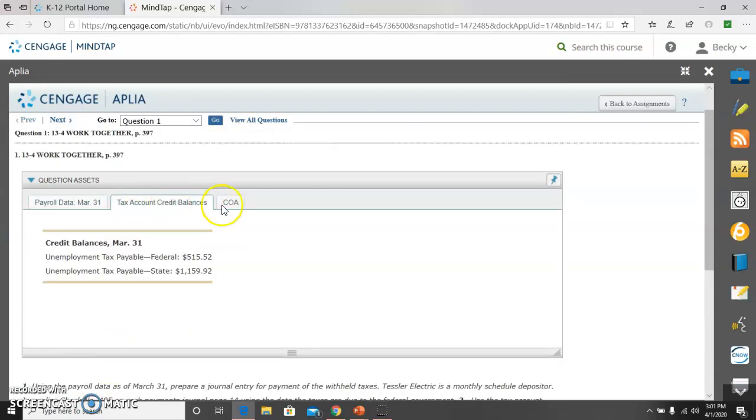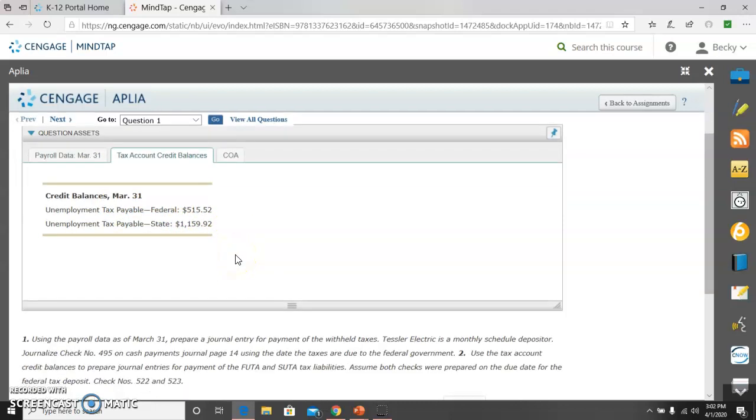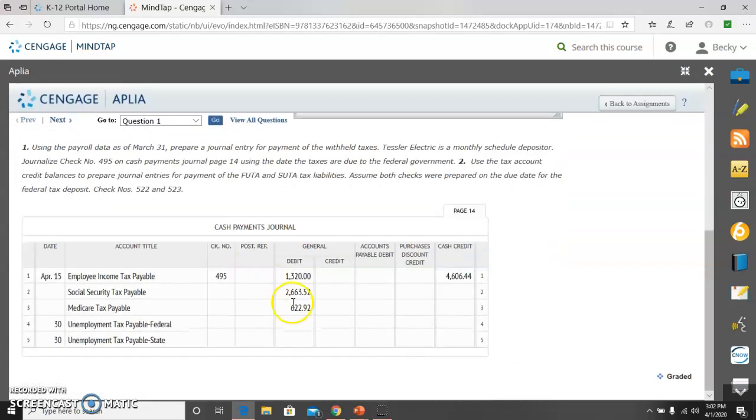And then I'm going to go up here and it tells me at March 31st. So that amount sitting in the general ledger at March 31st is for the entire quarter for FUTA. So for every pay period, 5/15. Oops, I almost forgot my check numbers too. They said 5/22 and 5/23.